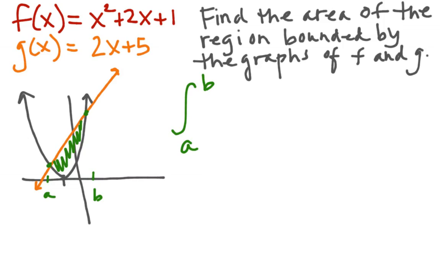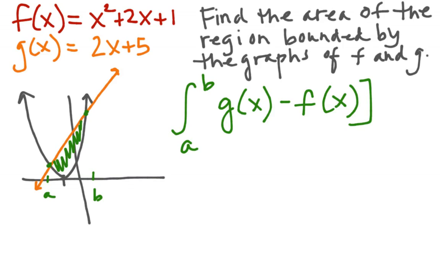And now what am I going to do? I'm subtracting these two. So it's important to see that the linear function is above the parabola, the quadratic function. So it should make sense for us to set this up g of x minus f of x. And if we did it the other way, what do you think would happen? Something to think about.